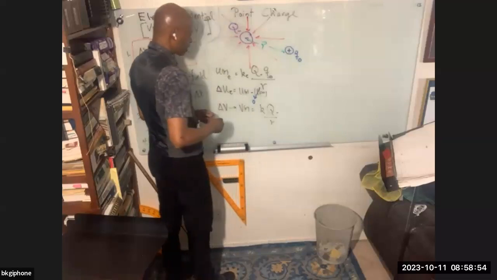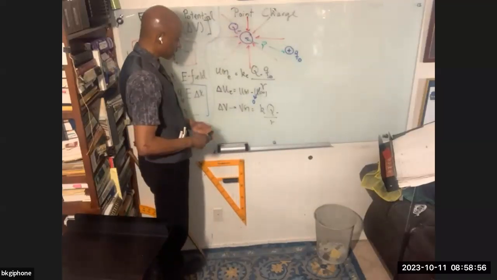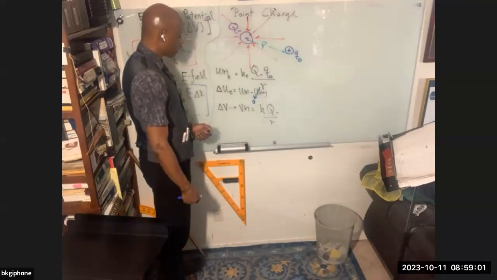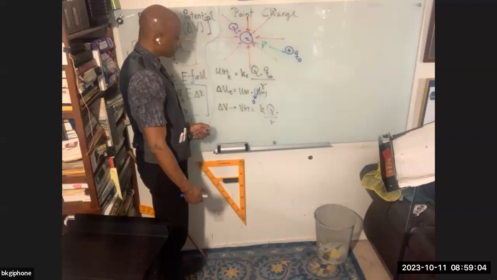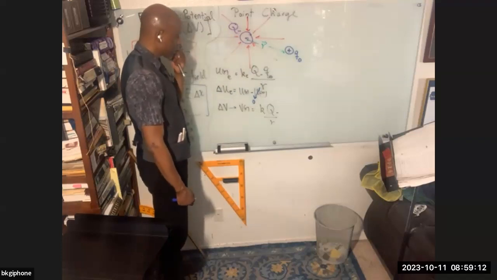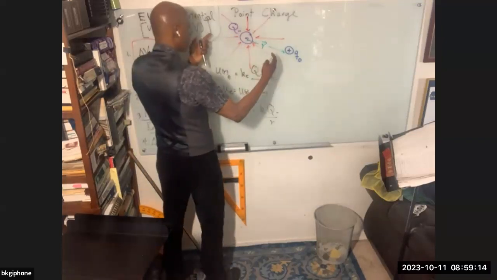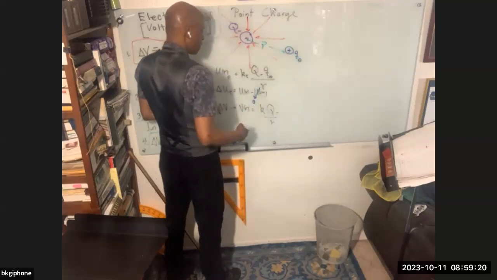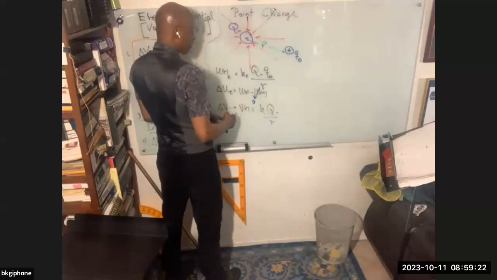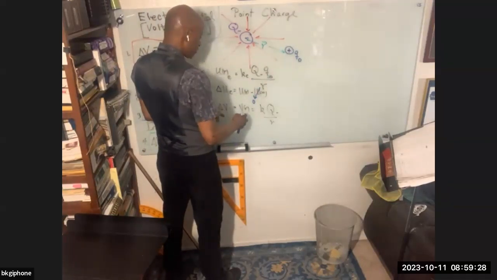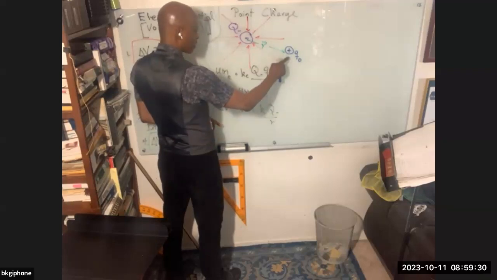So in both of these cases, in this particular case for potential, that would be the potential that this charge Q naught would have at position R. But the interesting thing is that whereas electric potential energy is talking about the energy between the two charges, electric potential, when you divide out Q naught, is basically saying that this electric potential has nothing to do with that charge.